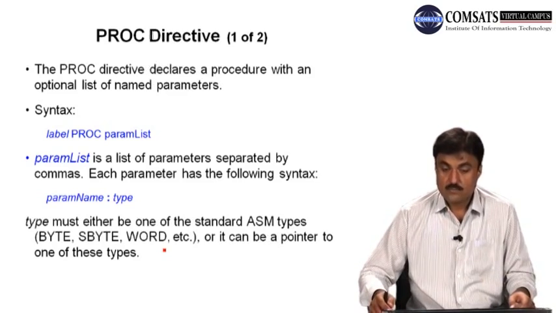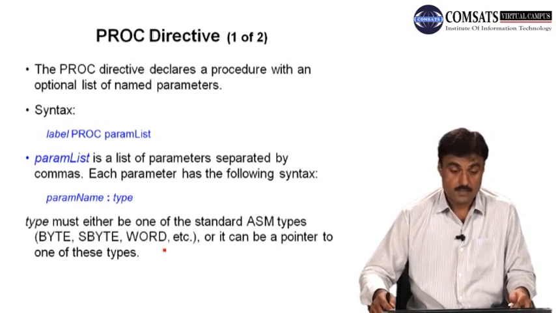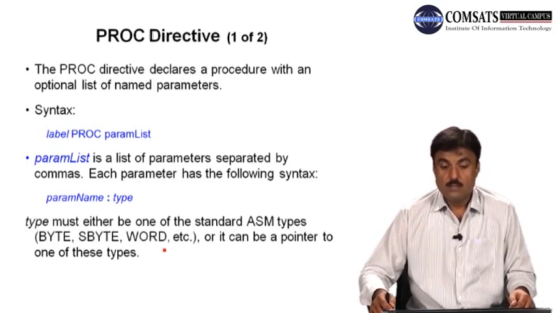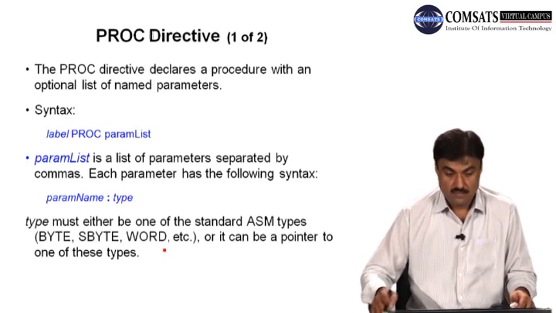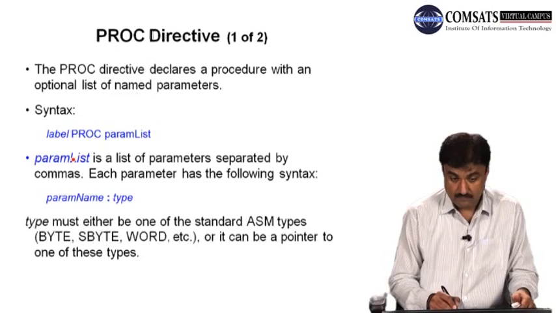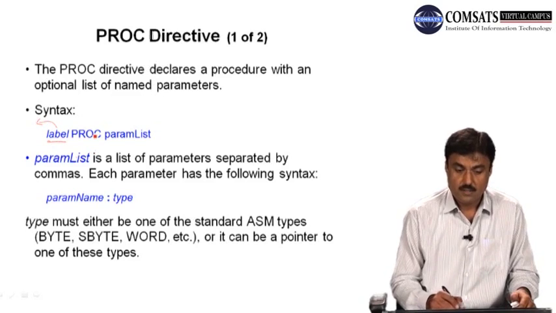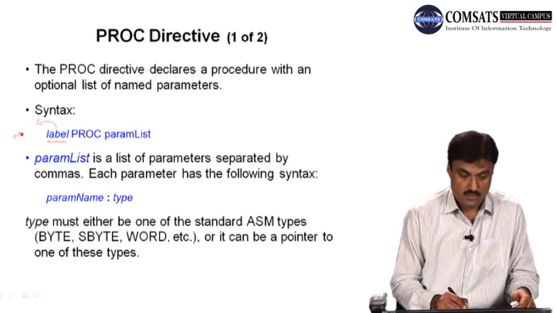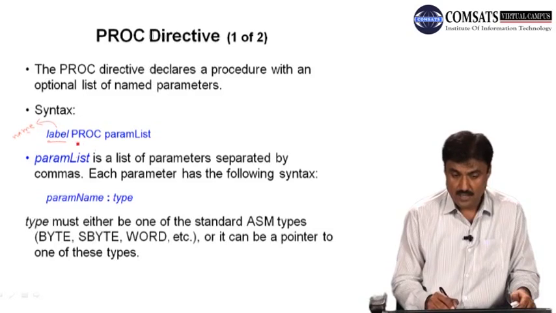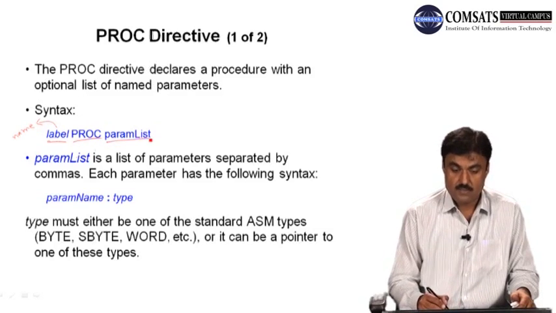The PROC directive declares a procedure with an optional list of named parameters. This list of parameters can also be defined when we declare the procedure. The syntax is that we use a label, which is the name of the procedure, then the PROC directive, and then a parameter list.